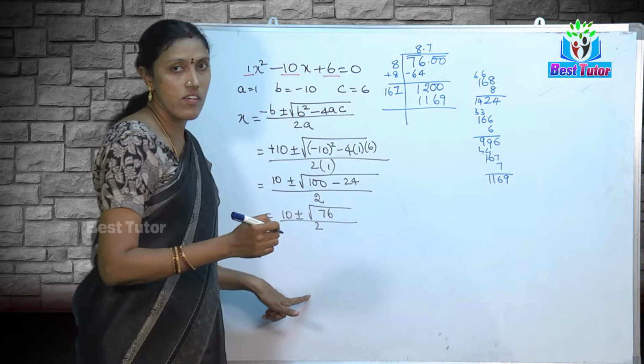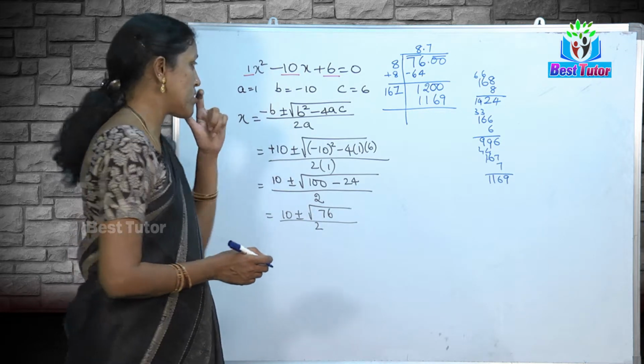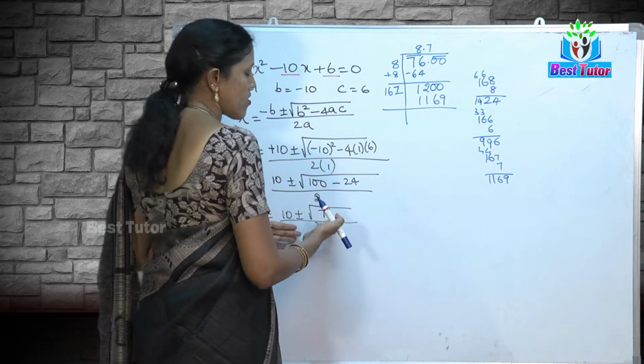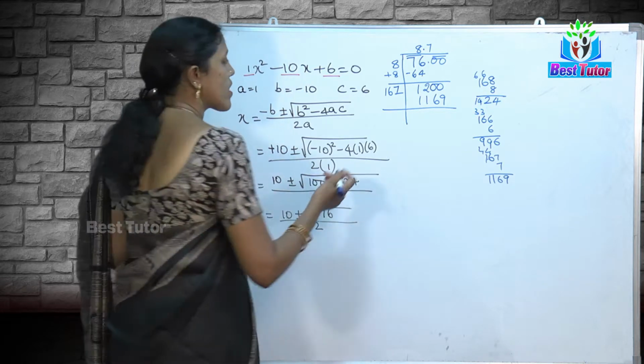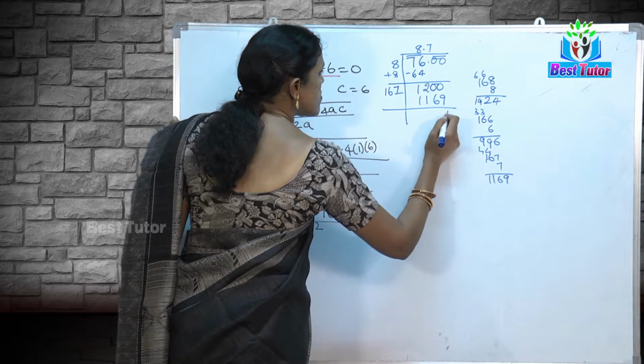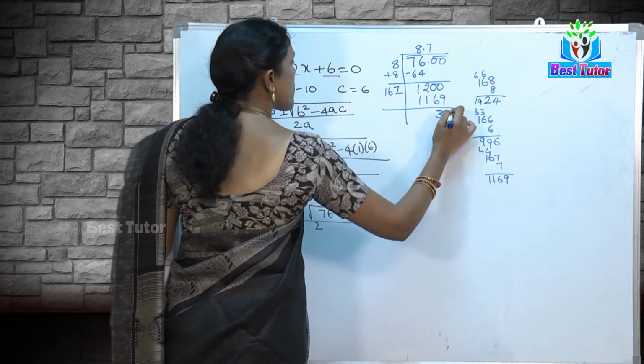In such cases, you are advised to find the solution up to 2 decimal places. So to find the root of this solution to 2 decimal places, we need to find the square root till 2 decimal places. Okay. Now if I subtract we will get 31, and then bring one more pair of zeros down.